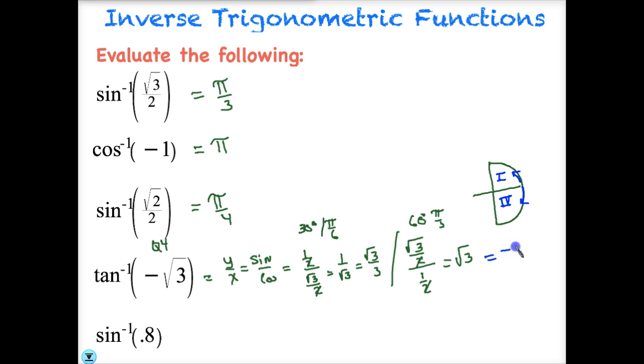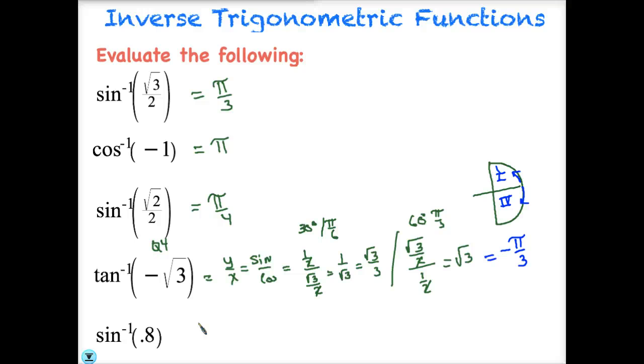So our answer would end up being negative pi over 3. Be careful about that. When we have domain restrictions, especially with tangent or sine, we only rotate up from our initial side or down.